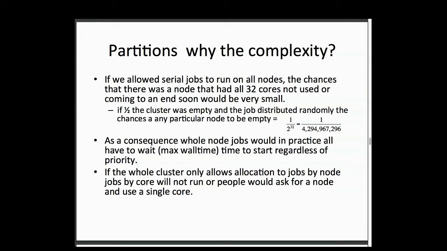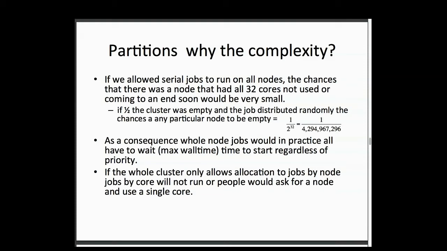So if the cluster was full and it had a long wall time, say we have a maximum wall time of 30 days or 28 days in the cluster, the chances that any node will be available within half that time would also be 1 over 2 to the 32, or about 1 in 4 billion. So people that would like to have a quicker turnaround time also have this issue. As a consequence, whole node jobs would have to, in practice, wait the max wall time to start regardless of priority.